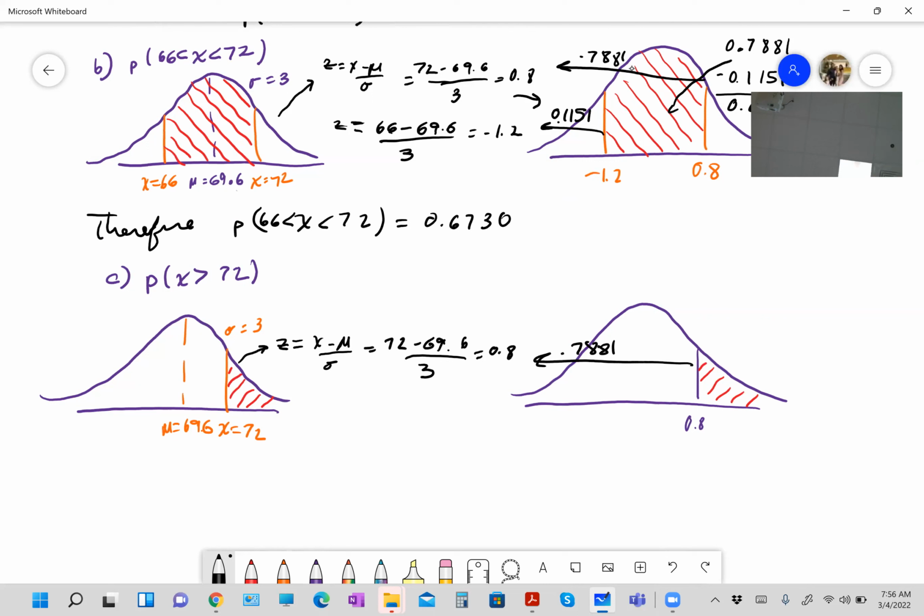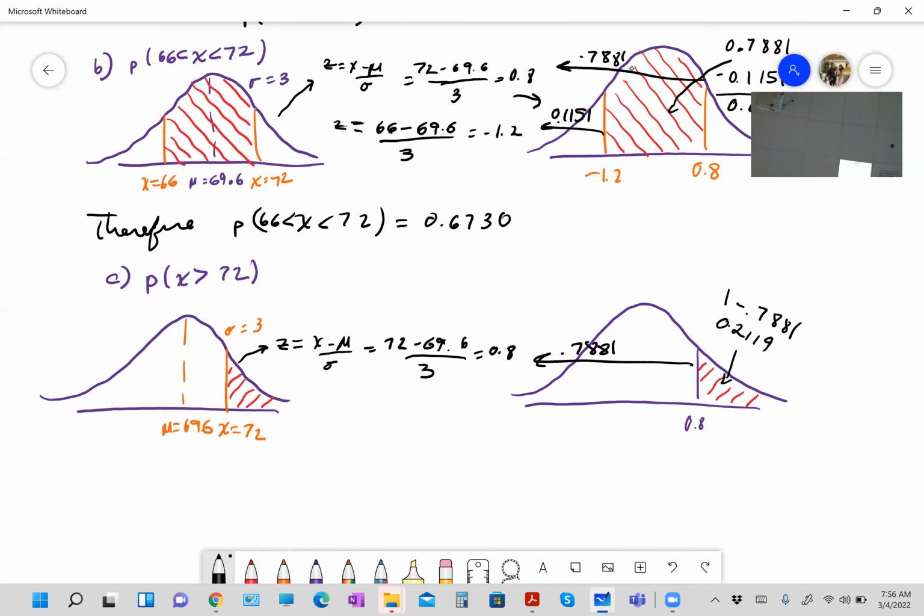Okay? So what's the area of the full curve going to be? It's 1. So in order to figure this out, you have to take 1, subtract the 0.7881, and that's how you get the area to the right. 1 minus 0.7881 is 0.2119.